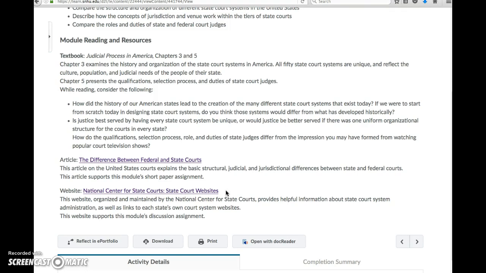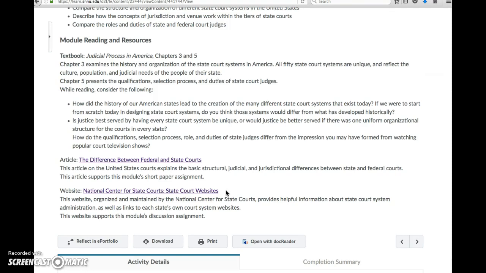In our scenario, for example, the bank robbery occurs in Washington, D.C. So, since we've already decided it's a federal crime, the federal court district within Washington, D.C. is the appropriate venue, the appropriate location to where this case should be tried, because that is a district court that has jurisdiction over crimes that occur within a specific geographical area.